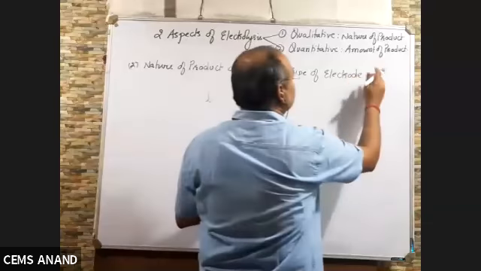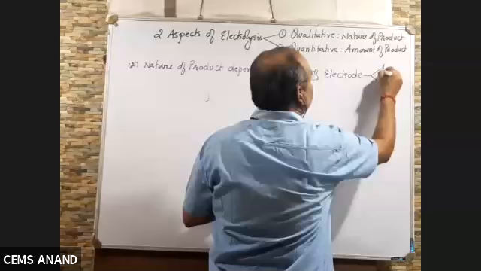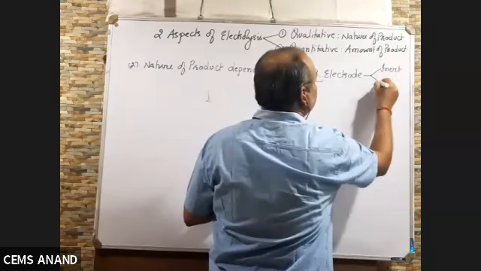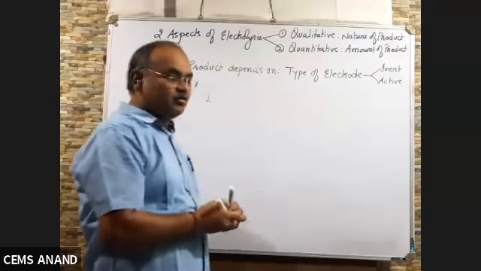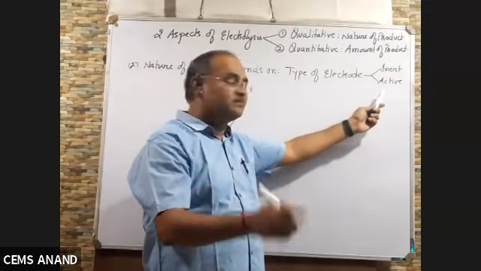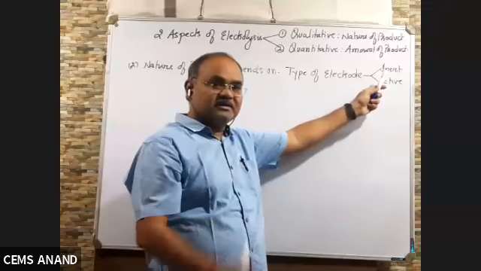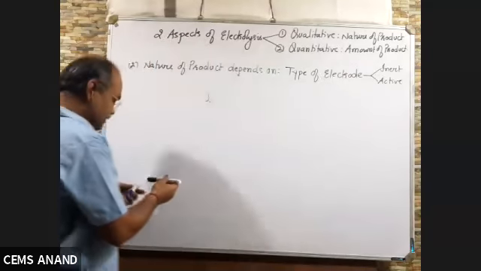Electrode, I told you, it can be inert, it can be active. And you know the definition of both. Active electrode: electrode whose atoms or ions take part in reaction. Inert: electrode whose atoms or ions do not take part in the redox reaction. Let us carry out both one by one.